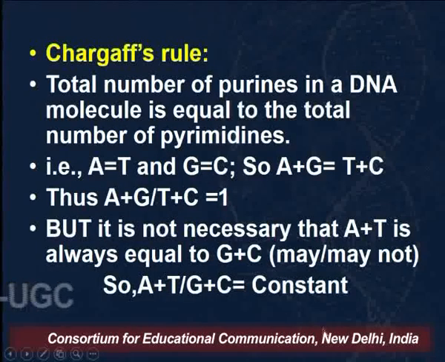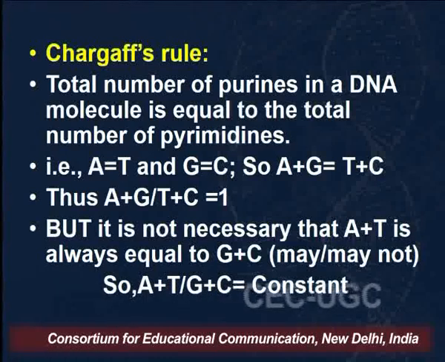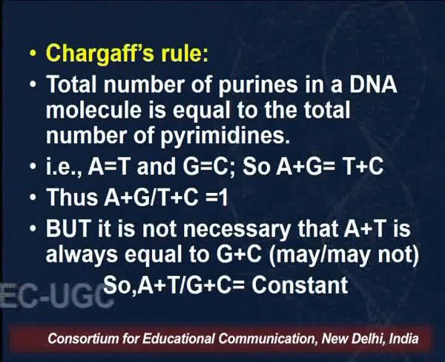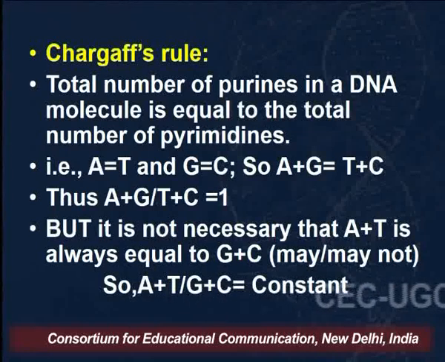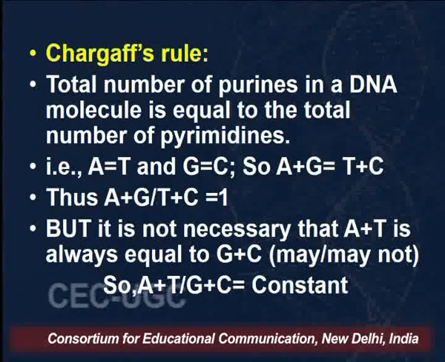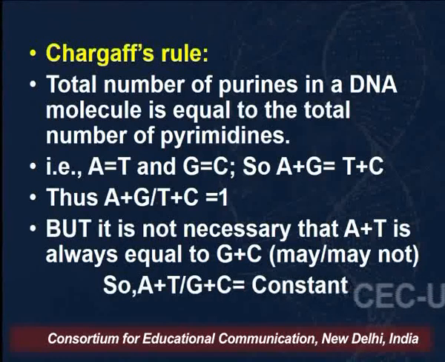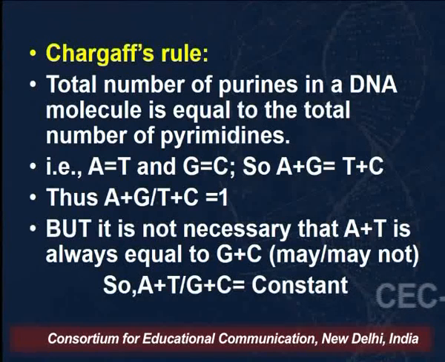In other words, we can say that Chargaff's rule states that the total number of purines in a DNA molecule is equal to the total number of pyrimidines, that is, A is equal to T and G is equal to C. So, A plus G is equal to T plus C. Thus, the ratio of A plus G to T plus C is equal to 1.